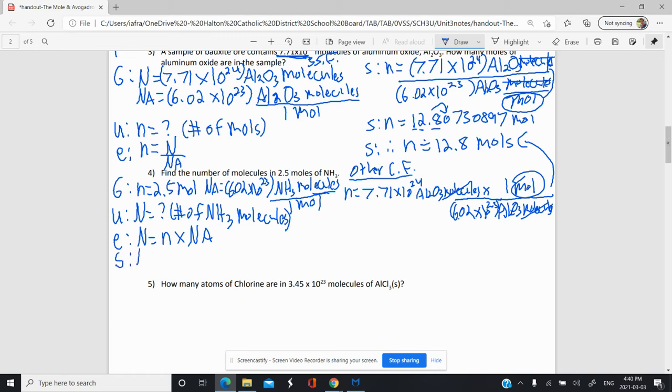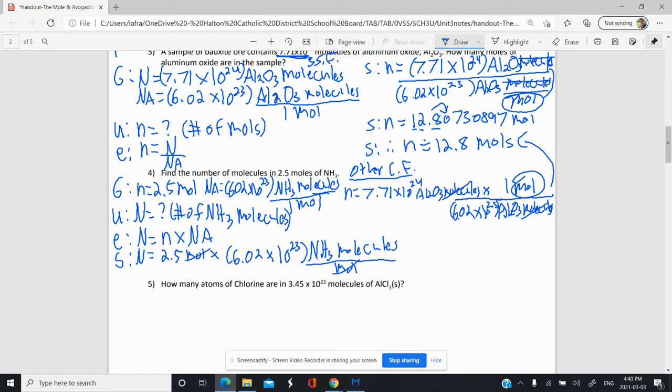So we have that big N is equal to the number of moles, which is 2.5 moles, times Na, which is 6.02 times 10 to the power of 23 NH3 molecules per mole.